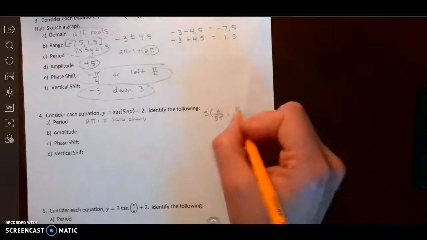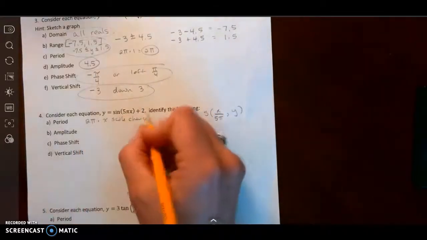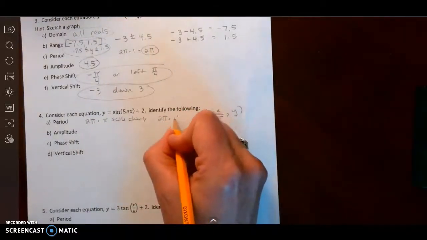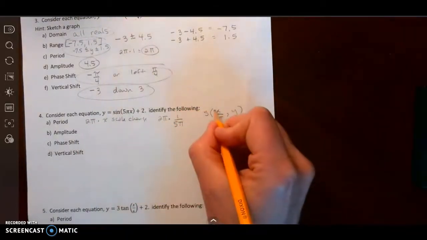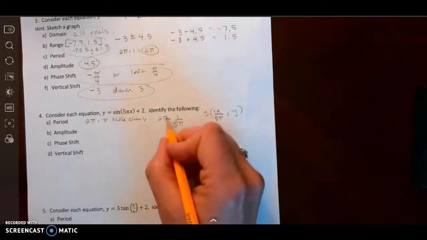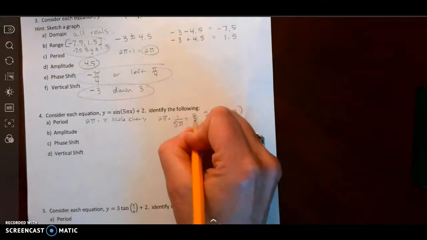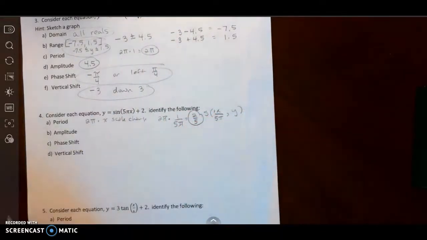And then there is no y scale change, so it's going to be 2 pi times 1 over 5 pi. The pi's cancel, and the period is simply 2/5.